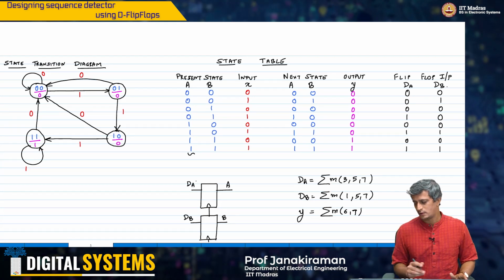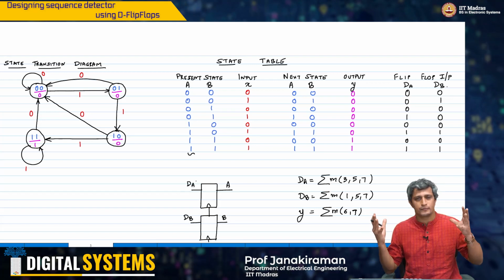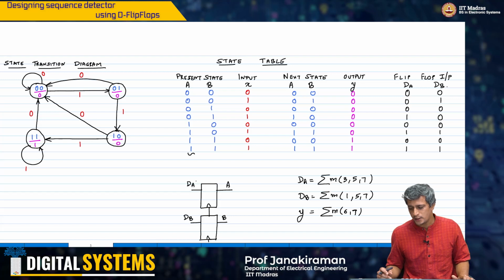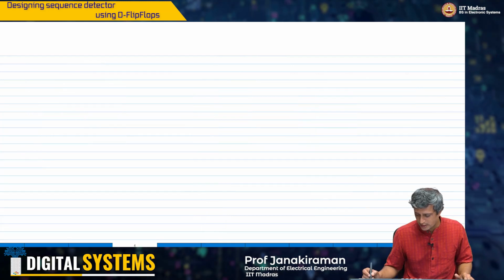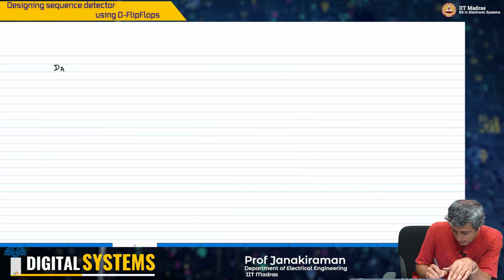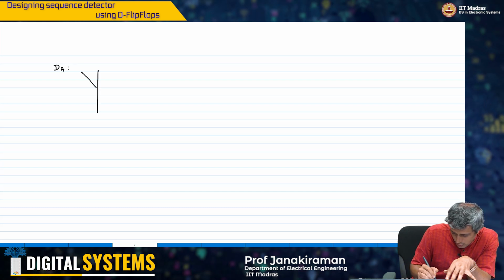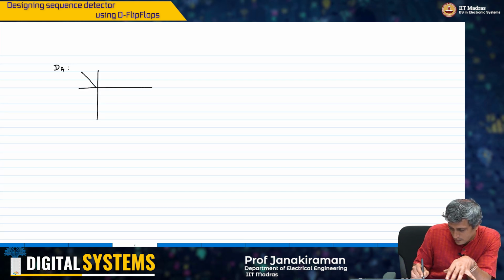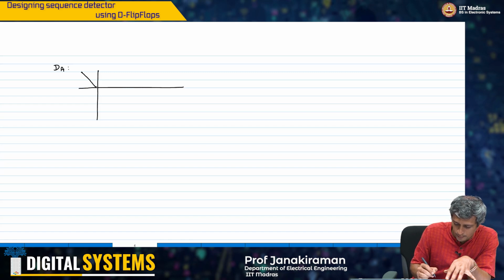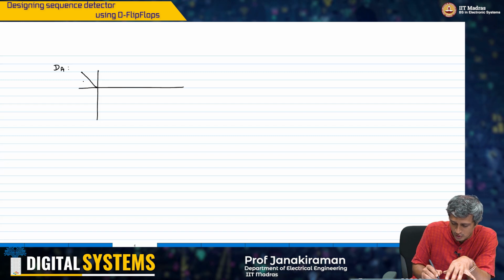Okay. So these are my Karnaugh map related information that I need to use in order to minimize the Boolean variables. For DA, I have 3 variables. So let us look at it.